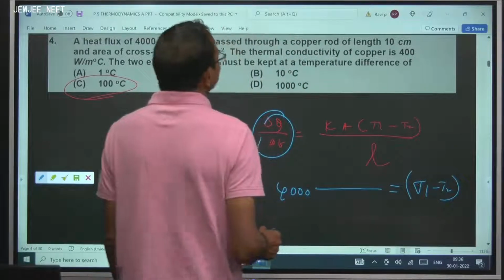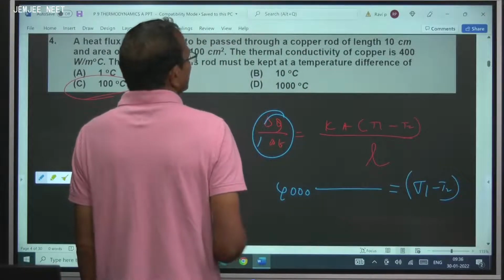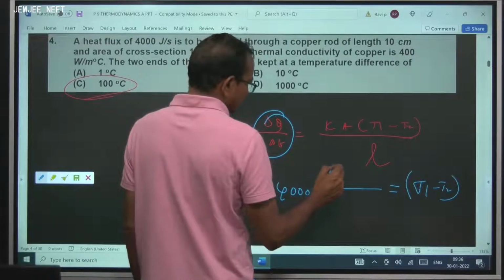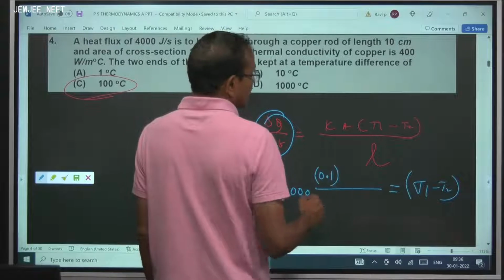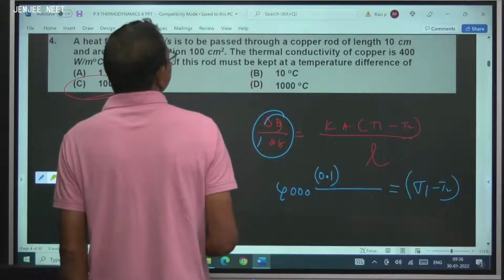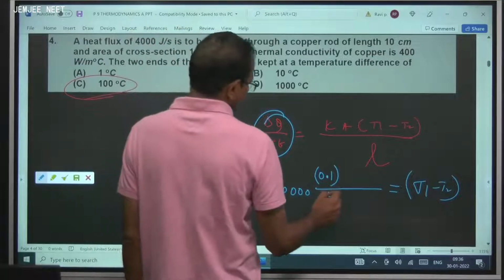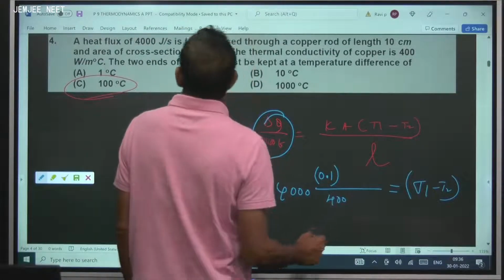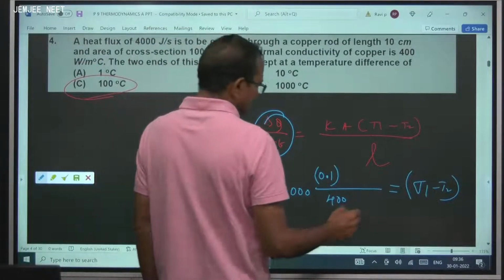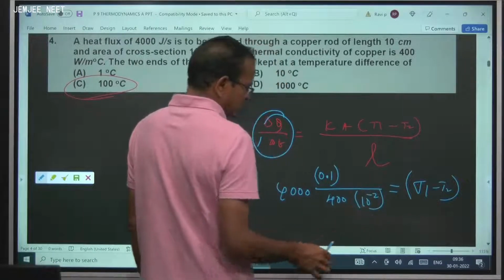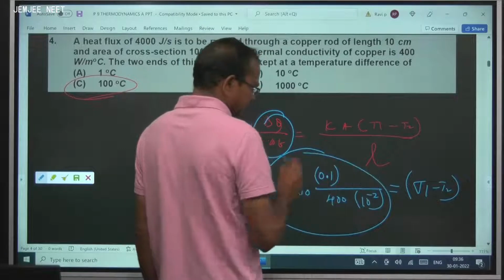L is 10 centimeter, so 0.1. K is 400. A is clearly given, 10 power minus 2. That's all. Check how much it is.